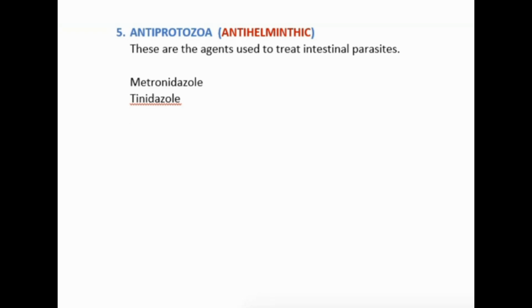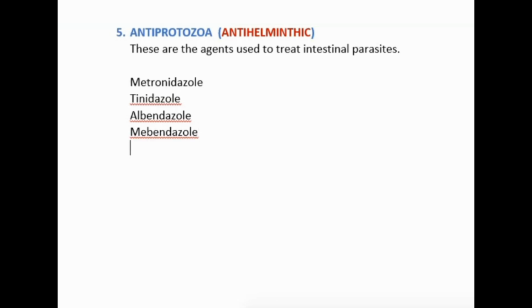Okay, we also have albendazole. Albendazole is also an antiprotozoa drug which is used to treat intestinal parasites. Okay, we also have mebendazole. Mebendazole is also an anthelmintic or antiprotozoa drug which is used to treat intestinal parasites.